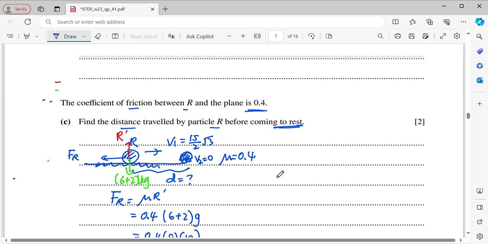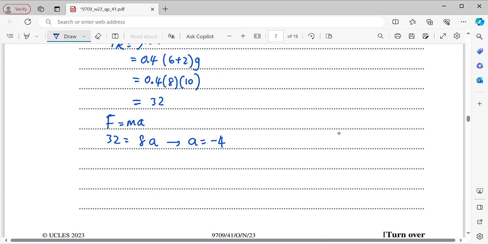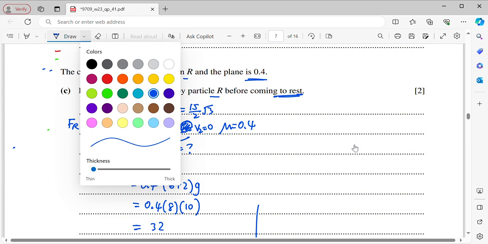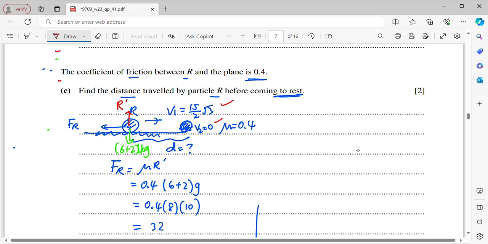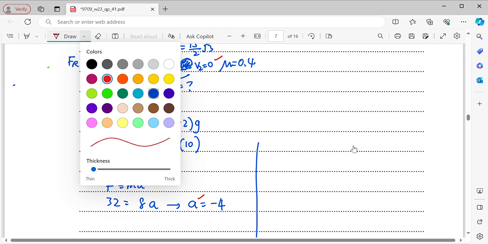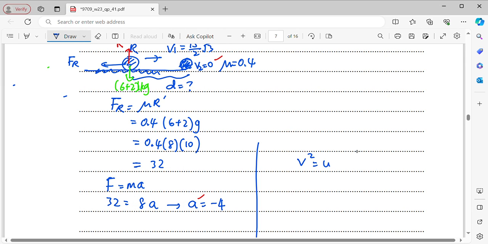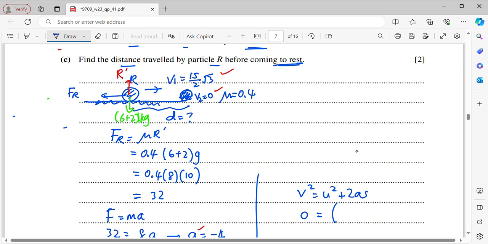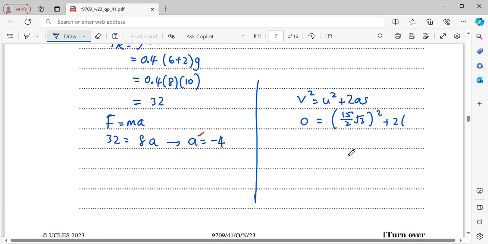Then to get the distance D, we refer to the formula, because from the diagram I have V1, I have V2, and I have found A. Then I can apply the formula V squared equals U squared plus 2AS. So your V is 0, your U is 15 over 2 square root 3, plus 2, A is minus 4 that we found here, multiplied by S.